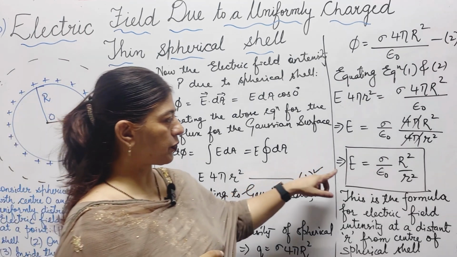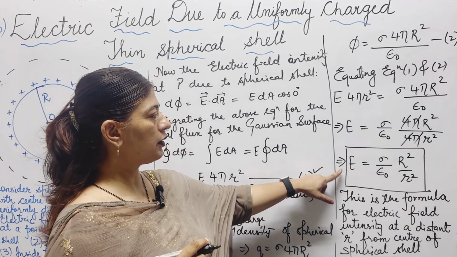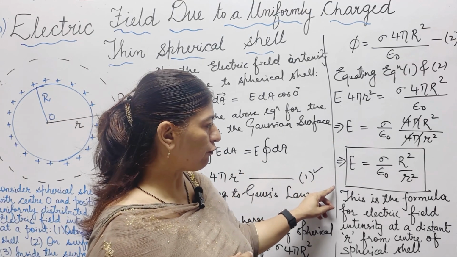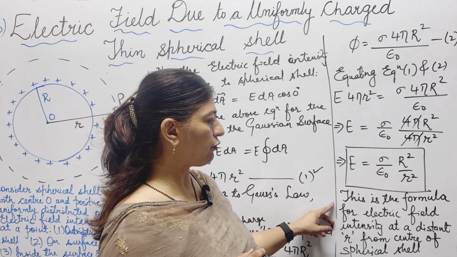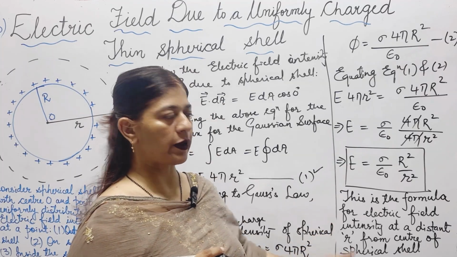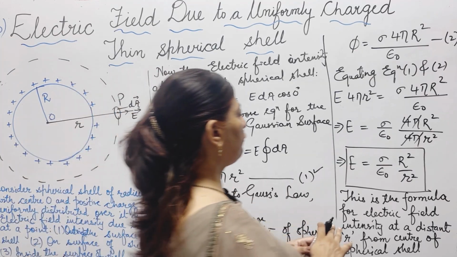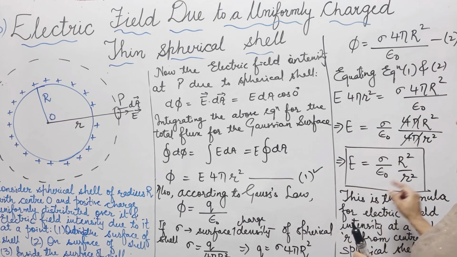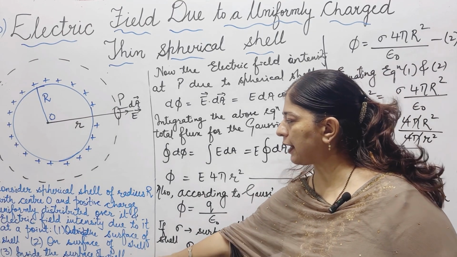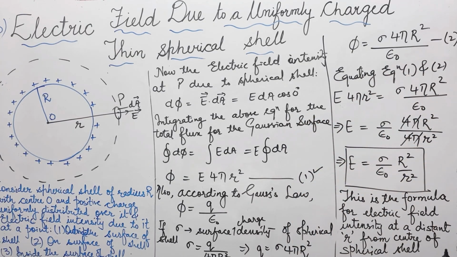So this expression is not only for the point lying outside the spherical shell, rather this is the formula to find out the electric field intensity at a distance r from the center of the spherical shell. So with the help of this formula only, we can find out the electric field on the surface of the shell as well as outside the surface of the shell.